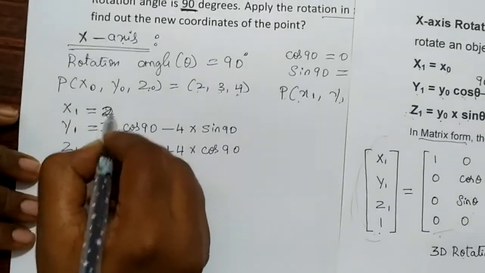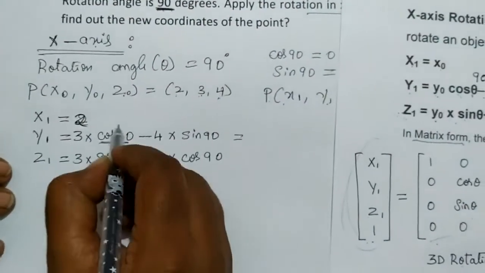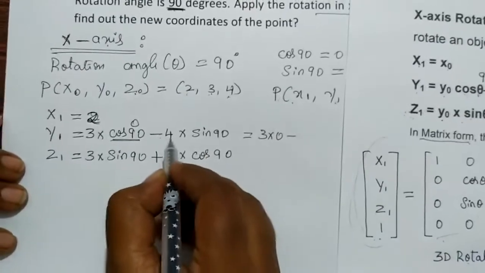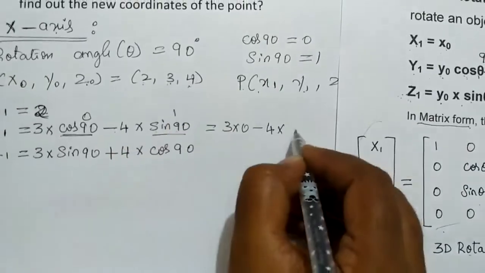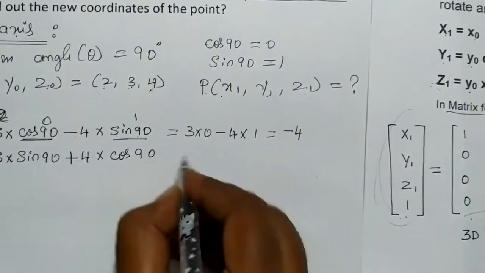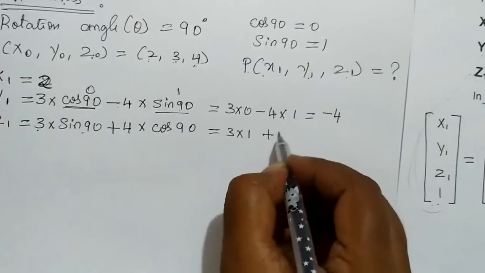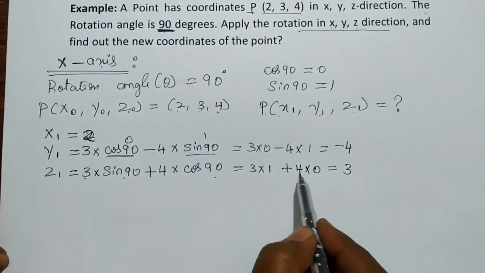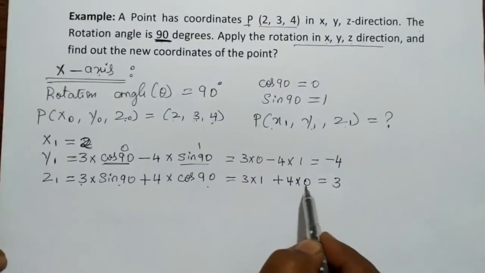x1 will become 2. And y1 will be 3 into cos 90, and cos 90 is 0, so 3 into 0 minus 4 into sin 90, and sin 90 is 1, so this becomes minus 4. Next, 3 into sin 90, which is 1, plus 4 into cos 90, which is 0, 4 into 0.